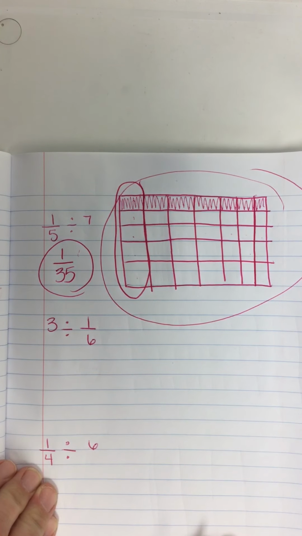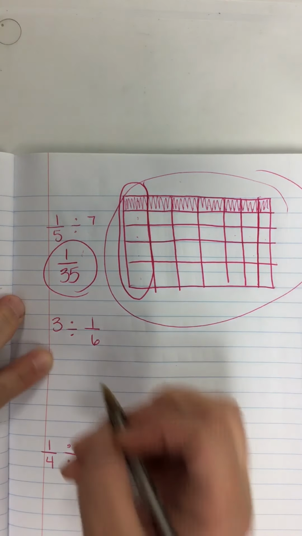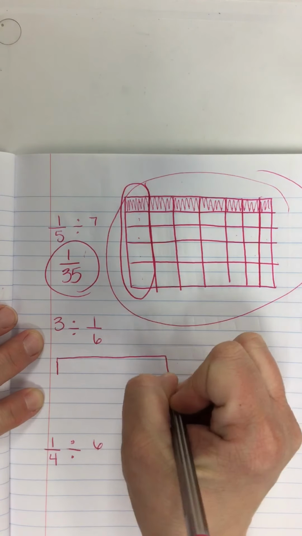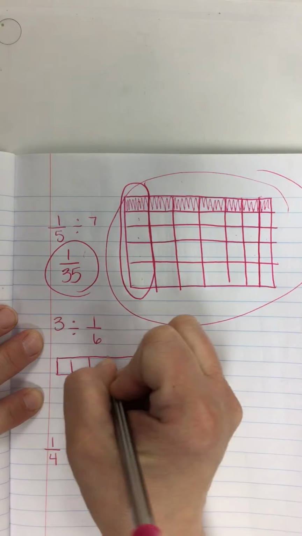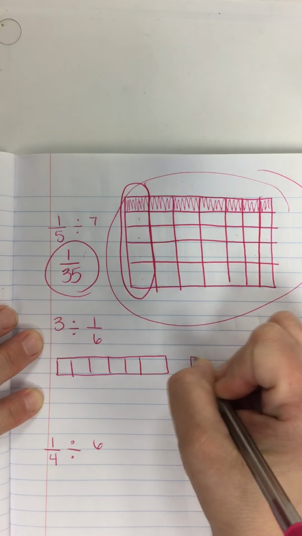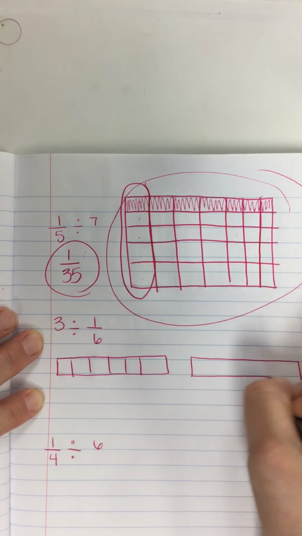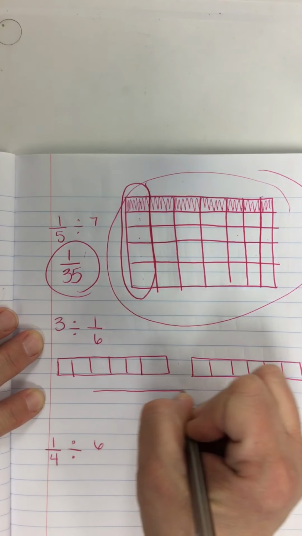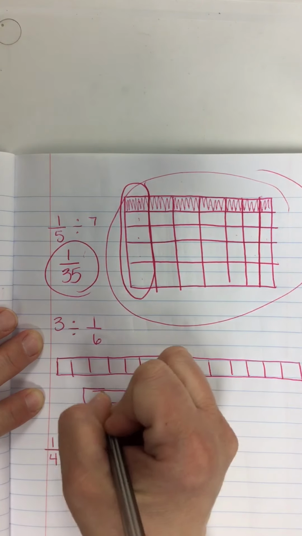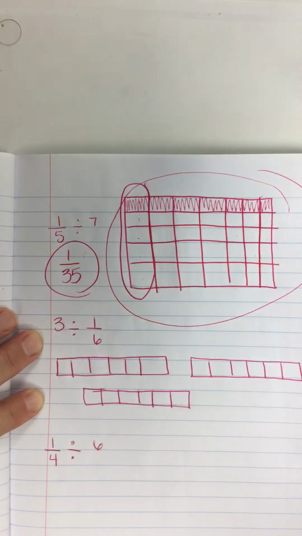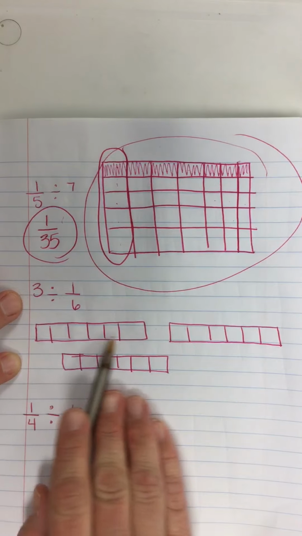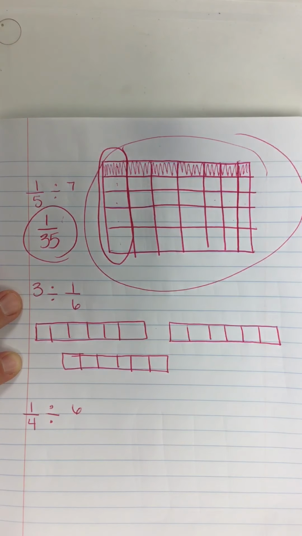Okay. 3 divided by 1/6. I need 3 models. And each model is broken into 6 pieces.